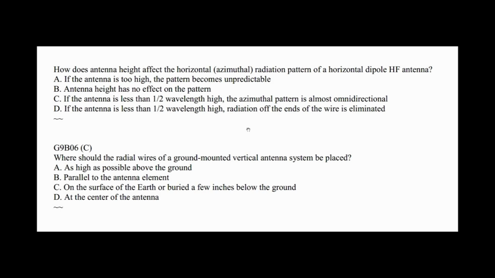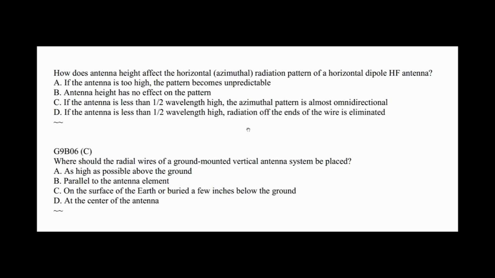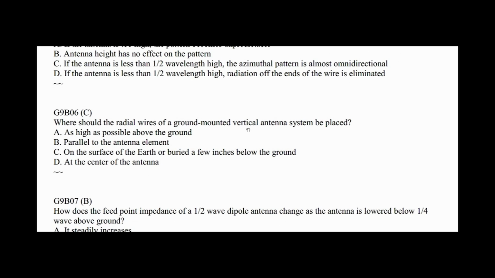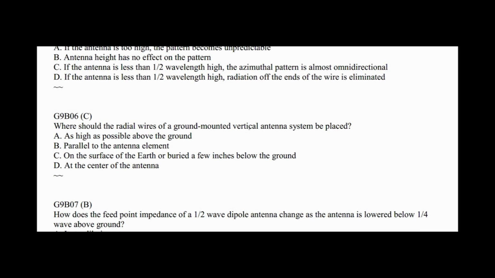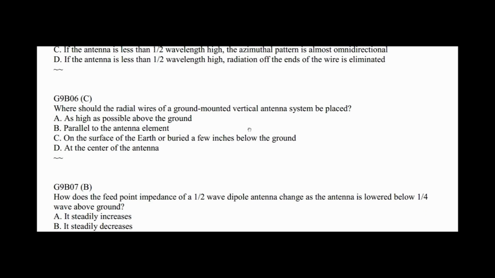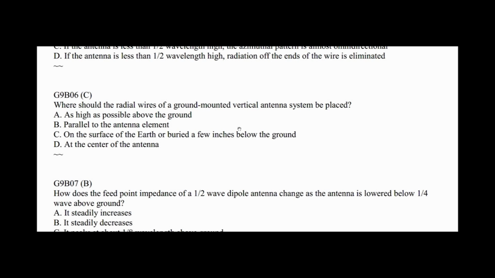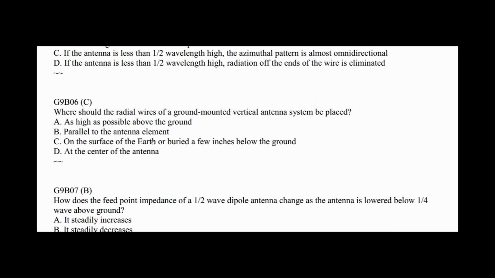If I were to mount a vertical as they describe, I would have the radials off the ground a bit because it just flat works better. There are less losses. Their answer, however, is on the surface or buried. When you bury the radials, they become very ineffective, and you have to have lots and lots of radials.